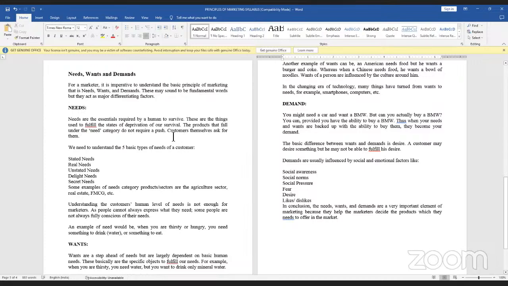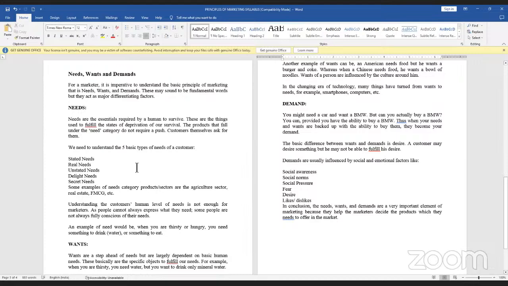Say salt. Salt is a need. Nobody can say, without salt I can do anything tastefully, right? Whatever the price, we spend and ask for it. That is why we don't find any advertisement specifically for salt. So there are certain basic needs of the customer for which the marketer does not need to give any push. The customers themselves will come and ask for such products.